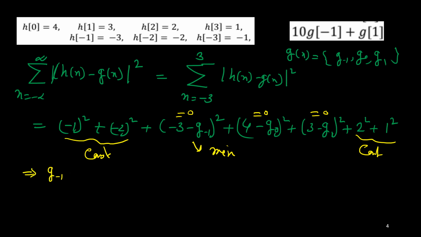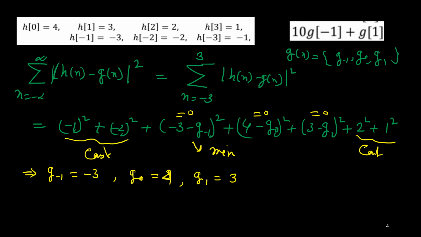That implies that g of minus 1 will be equal to minus 3. g0 will be 3. Sorry, it is 4, given. And g of 1 is given as 3. That's simple. Right? This one I will make 0. This one I will make 0. This one I will make 0. Right? So now I can compute this one.